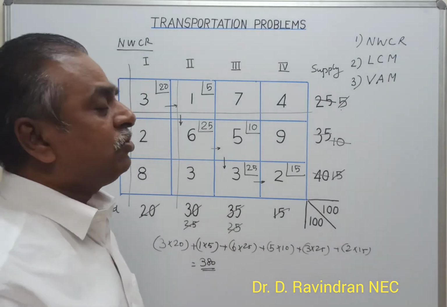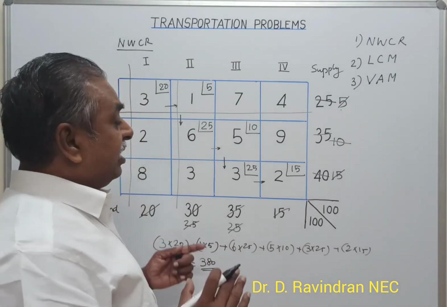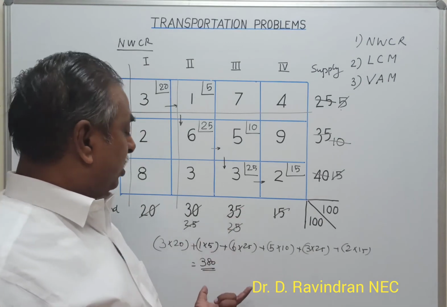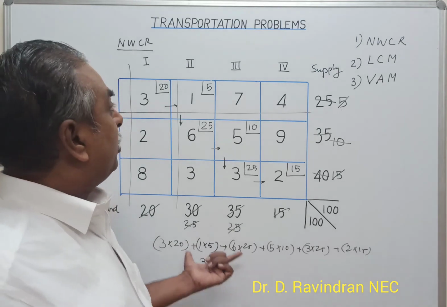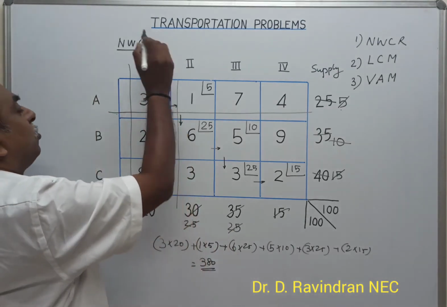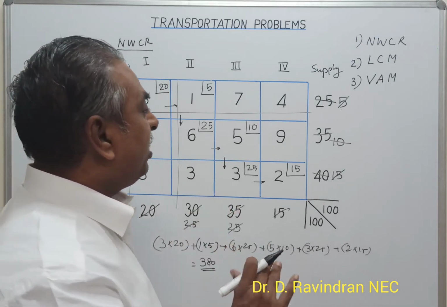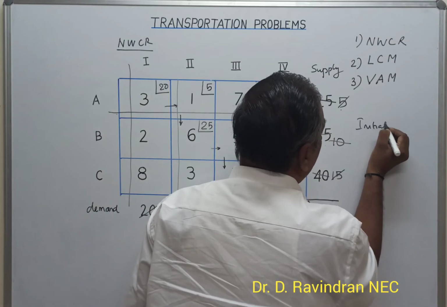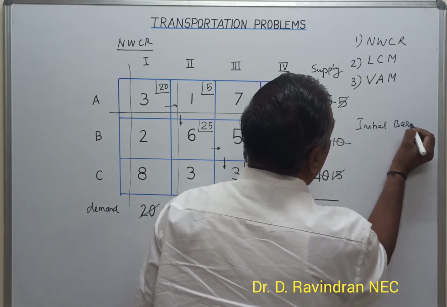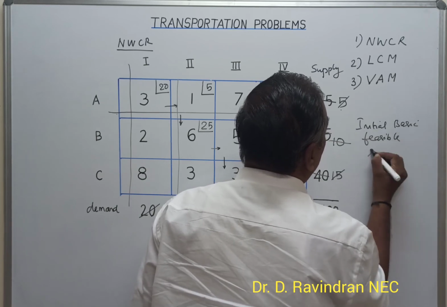So this gives the initial basic feasible solution. Whether there is any other method or any other solution which gives a lower value than this, we don't know. Initially this northwest corner rule is giving a solution which is possible. That is why this solution is called the initial basic feasible solution.